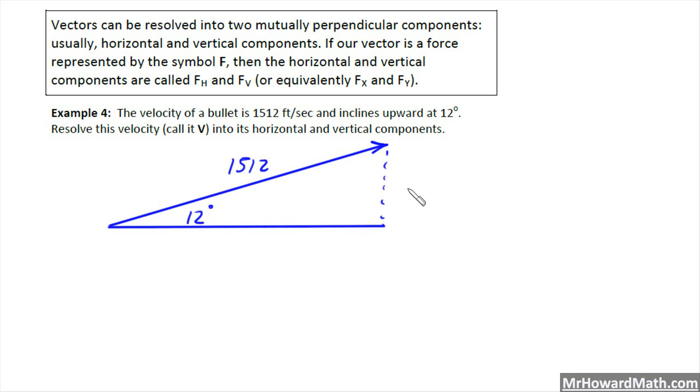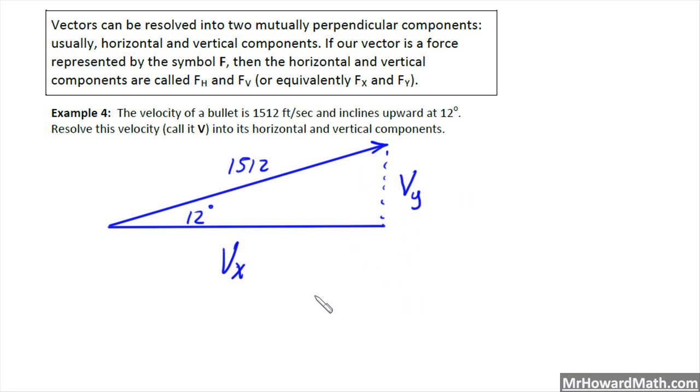So this would be our velocity y, and this would be our velocity x. So velocity sub y, velocity sub x. So that's what they want. They want us to break it down into the horizontal component, this one, and the vertical component, this one.